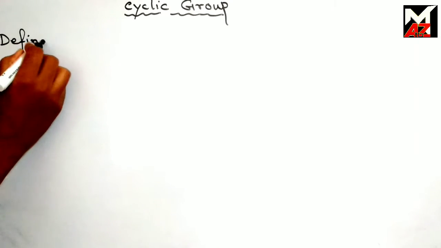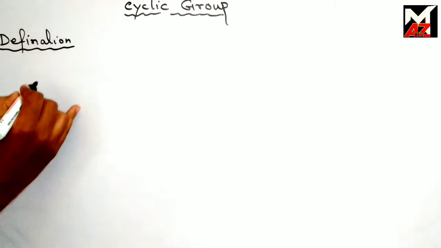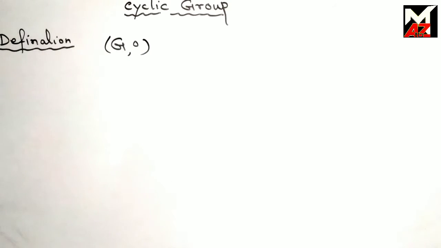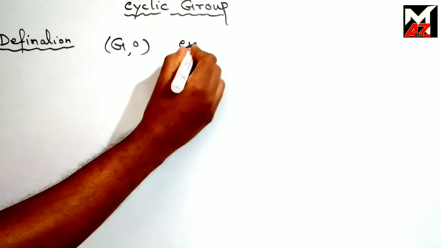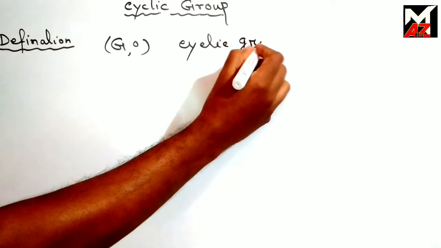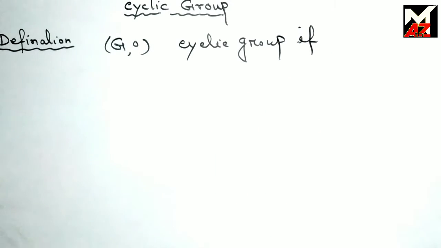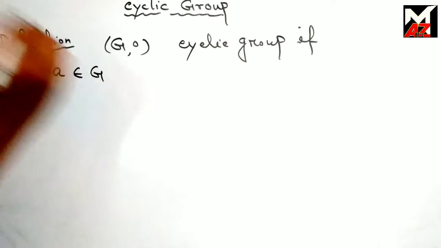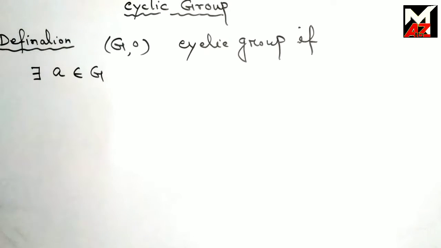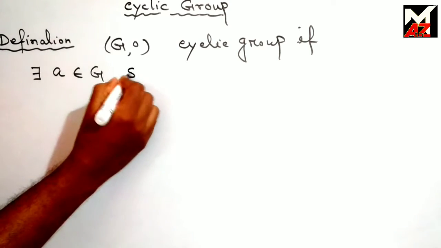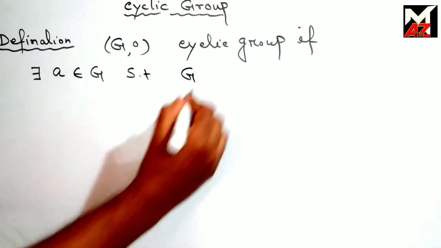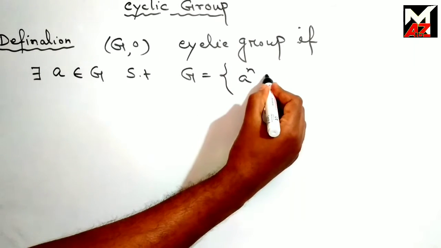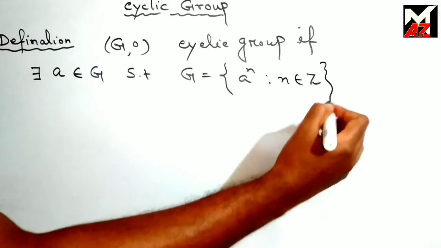Definition. A group G, or G circle, is said to be a cyclic group if there exists an element a belonging to G such that G can be written as G is equal to a to the power n, where n belongs to the set of integers.